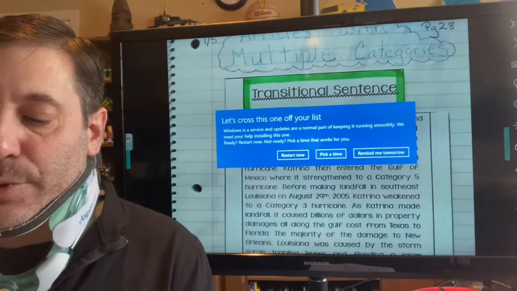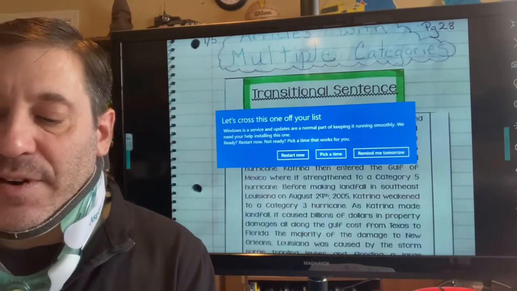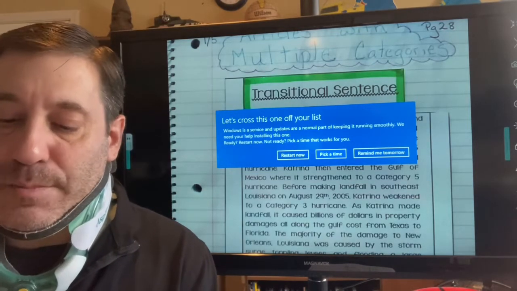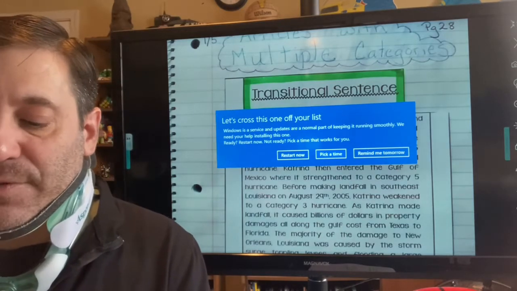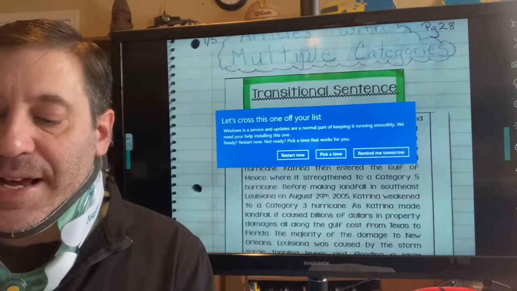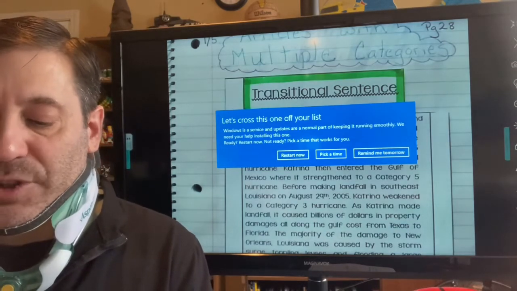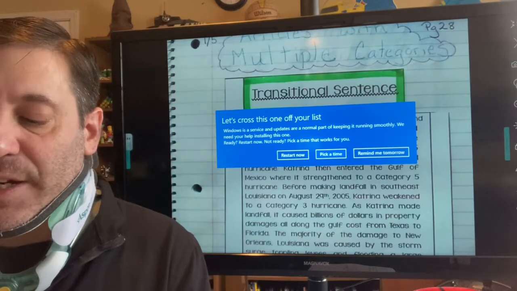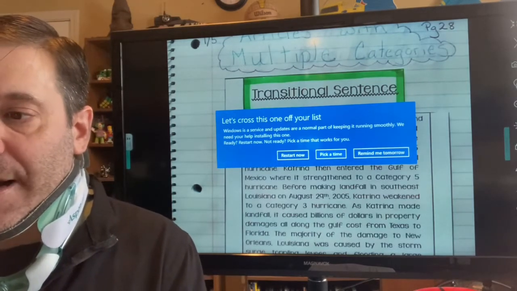Katrina weakened to a Category 3 hurricane. As Katrina made landfall, it caused billions of dollars in property damages all along the Gulf Coast, from Texas to Florida. The majority of the damage to New Orleans, Louisiana, was caused by the storm surge, toppling levees and flooding a large portion of the city of New Orleans and surrounding areas.